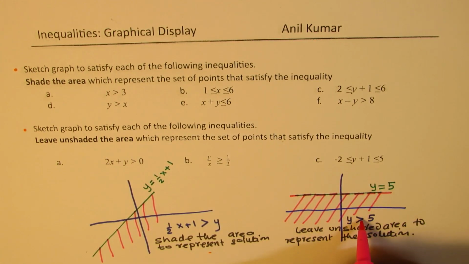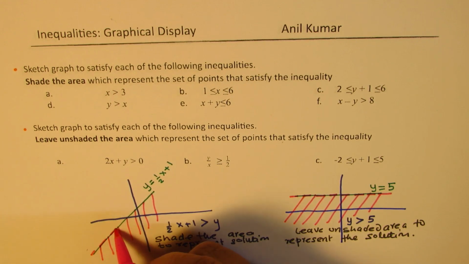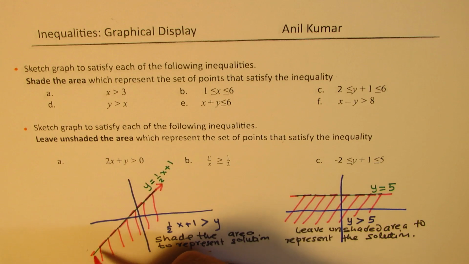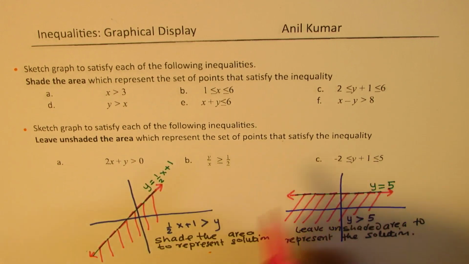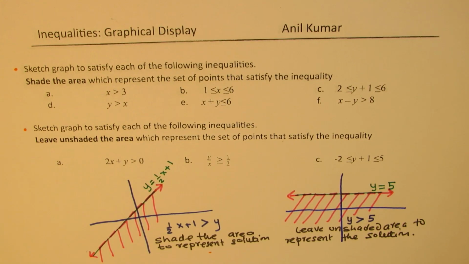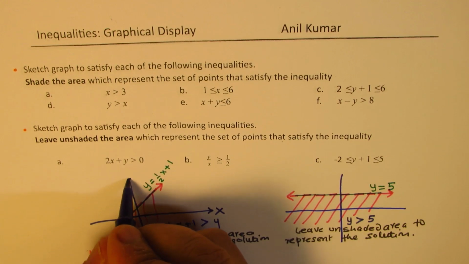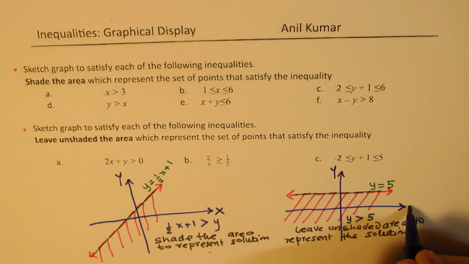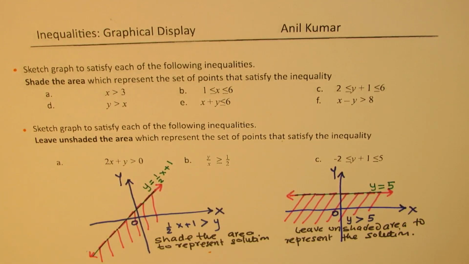This is mainly because we are talking about greater than, and in this case also, we are not including equal to, so we should be drawing this line dotted, and if you want, you can draw arrows on both the sides. So I hope with this, the concepts are clear. By default, we are taking x along the horizontal axis, y along the vertical axis, that being the origin. Is that clear to you?